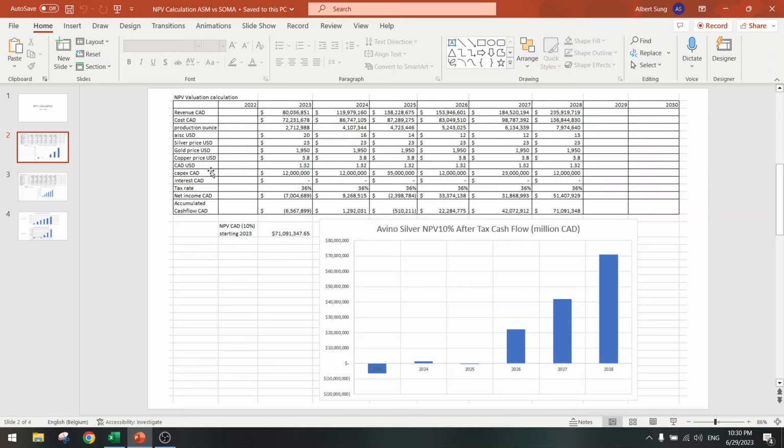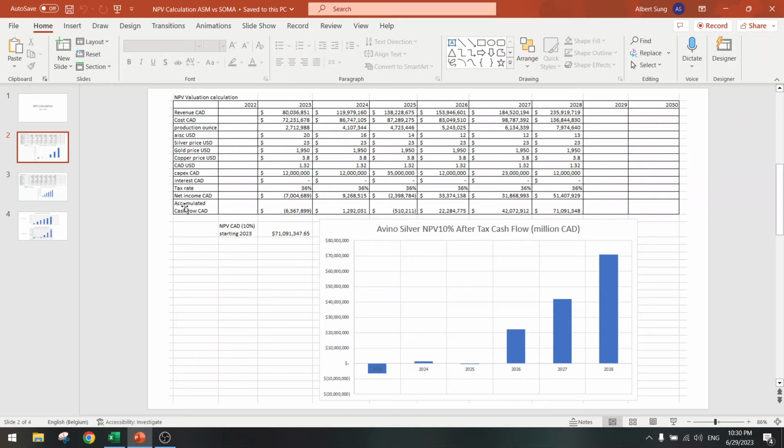And then we deduct the capex, the interest payments, and we also apply a tax rate on the income. And then we get this net income at the end of all the calculations.